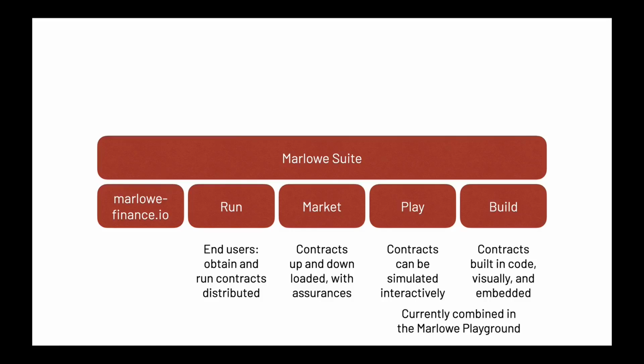So as things stand, it's been available for a while, you can use the Marlowe Playground to simulate and construct Marlowe contracts. We're in the process of redesigning the user interface and user experience, on the basis of what we've done with Marlowe Run.